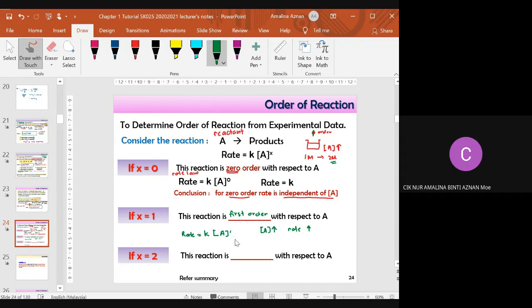If you triple the concentration of A, your reactant, the rate will also increase 3 times. If you increase 10 times from the original concentration, the rate will also increase 10 times.